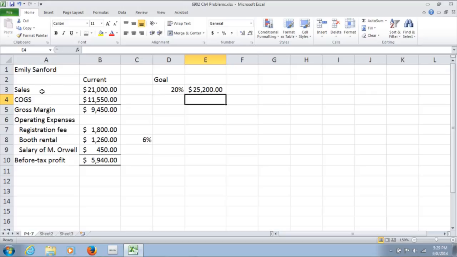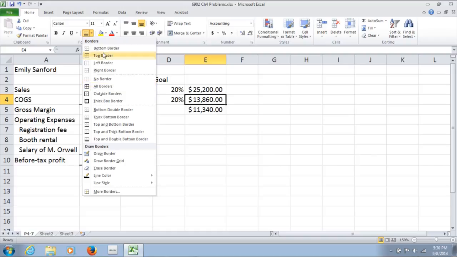Similarly, we could increase the cost of goods sold. If you're selling 20% more jewelry, that number will increase by the corresponding rate. So 20% times 11,550 plus 11,550, meaning that the gross margin then increases to 11,340.